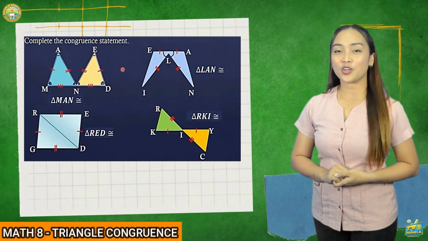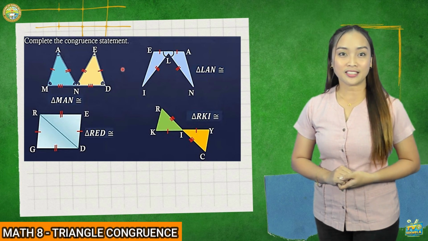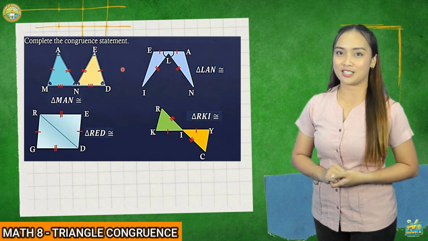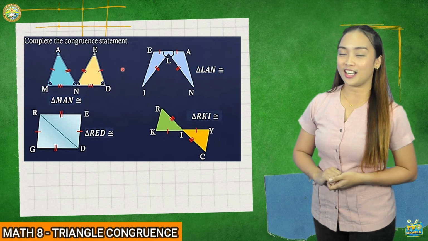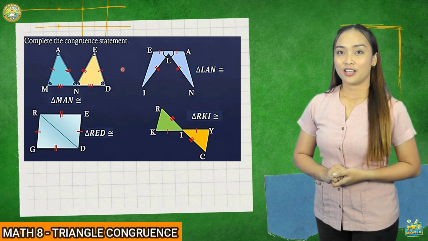Complete the congruent statement. Again, please do mind the order of our given vertices because in naming two congruent triangles, there must be a proper correspondence on the vertices.